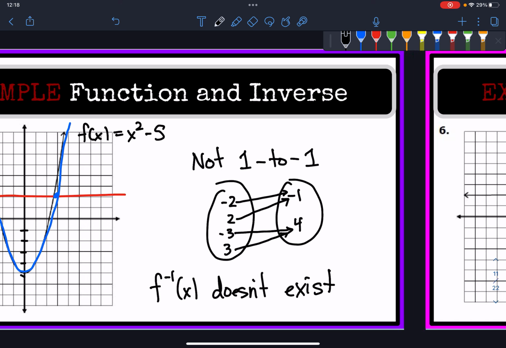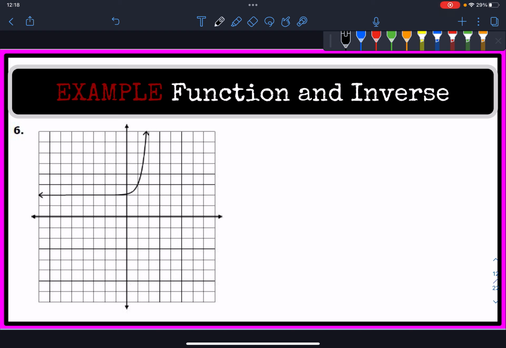Compare that to example number 6. Here, this does have an inverse, because even though it looks like this is horizontal, it is not. It's just approaching this horizontal line. So it's not really horizontal to this line right here, and any other red horizontal line I make is only going to touch the function at one location.